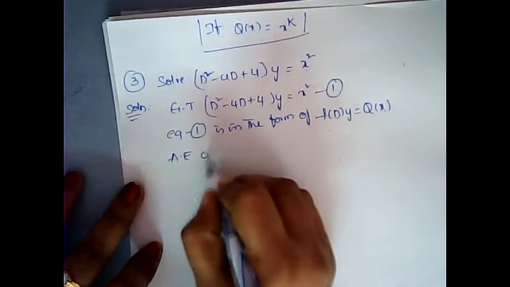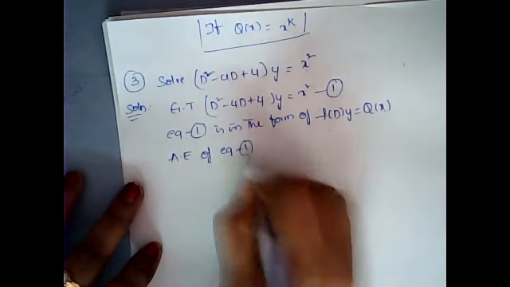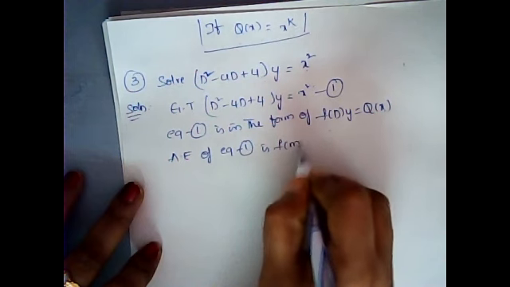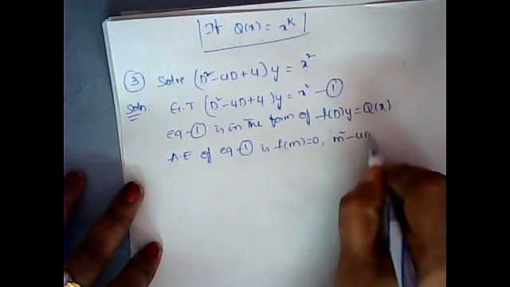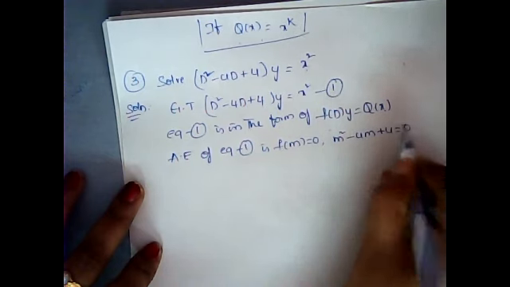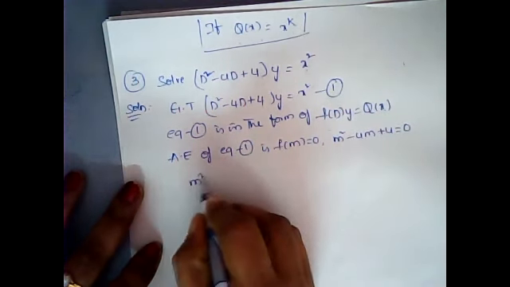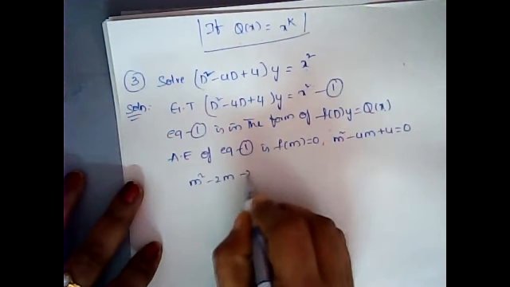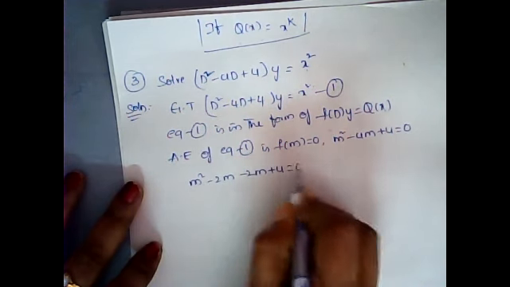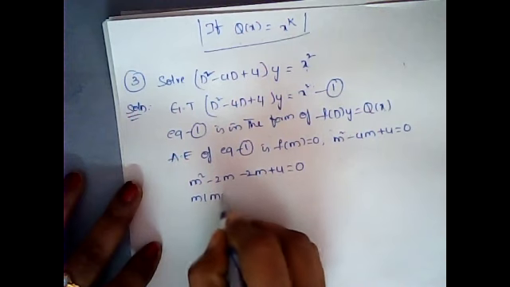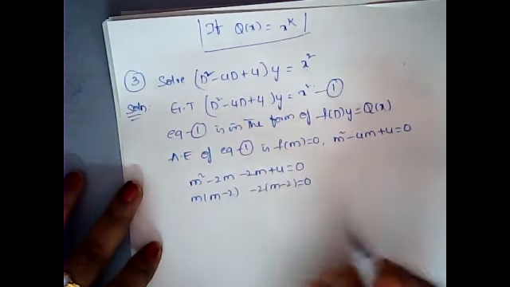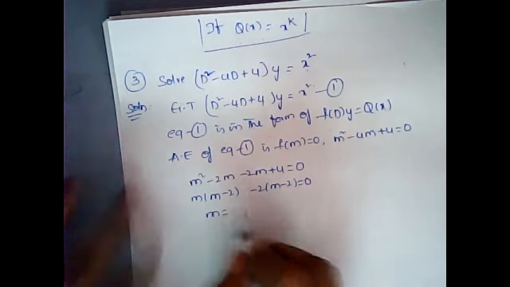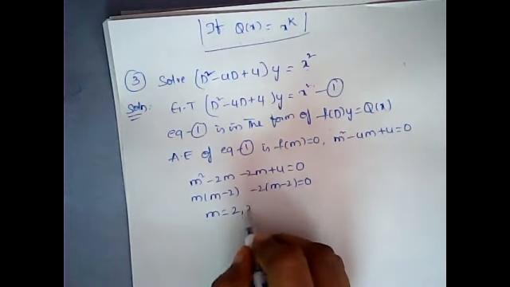So, the auxiliary equation of equation 1 is f of m equals 0, which is here m squared minus 4m plus 4 equals 0. So, m into m minus 2 into m minus 2 equals 0, where I got the m roots as 2, 2 here.